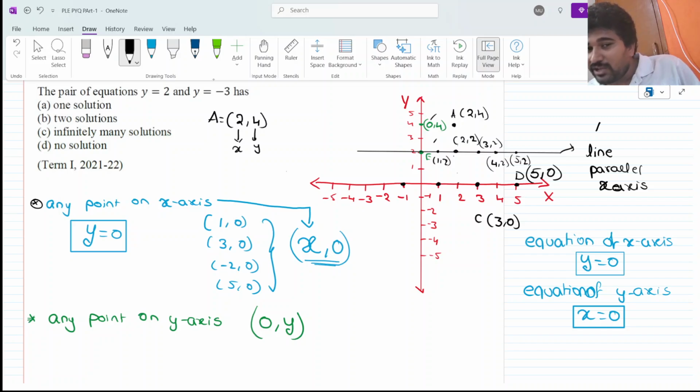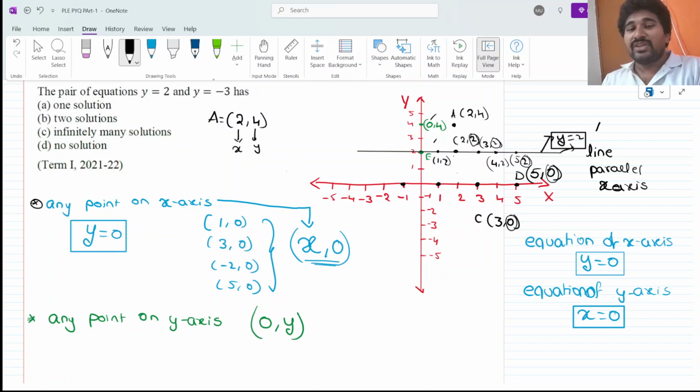So the y value will be 2, 2, 2. The x value is changing. Here every y value became 2. Then what about this line's equation? The y value is 2.